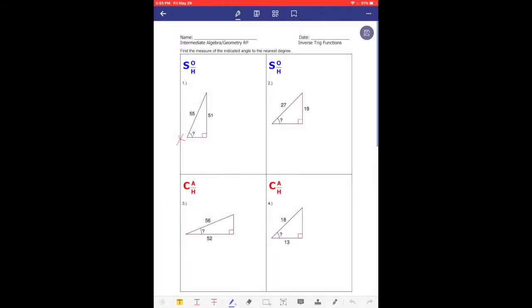And then I want to label my two sides. So 51 is across from the angle labeled x, so it's opposite it. And the 55 is opposite the right angle, or opposite the 90-degree angle, which makes 55 the hypotenuse.